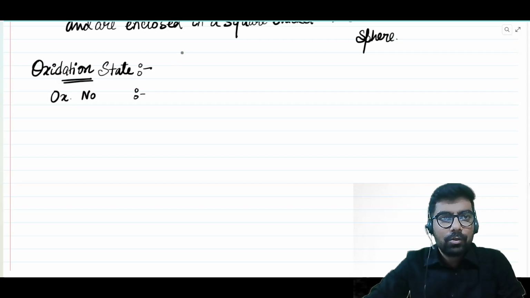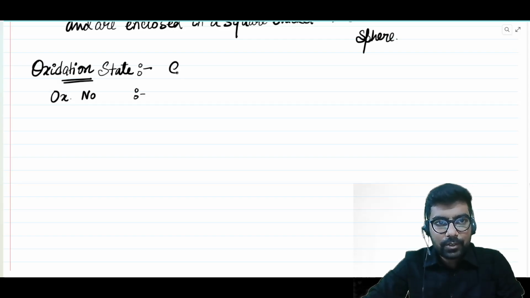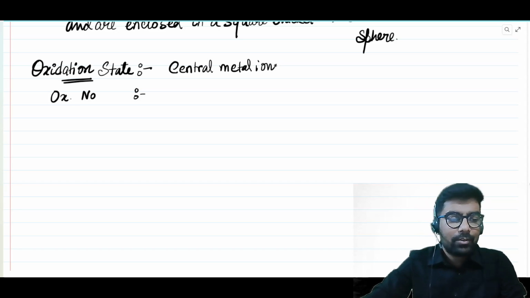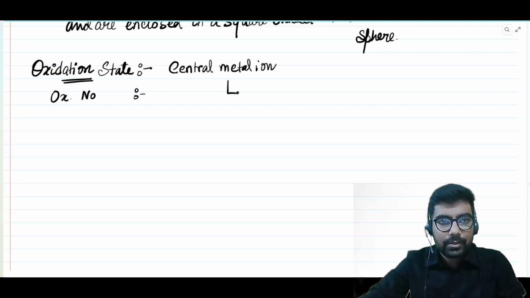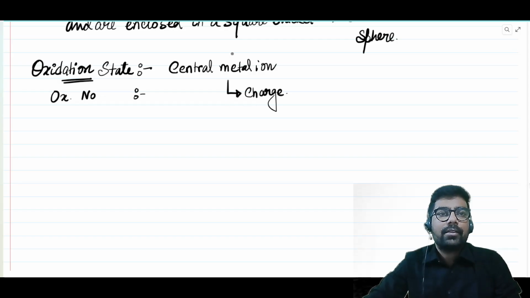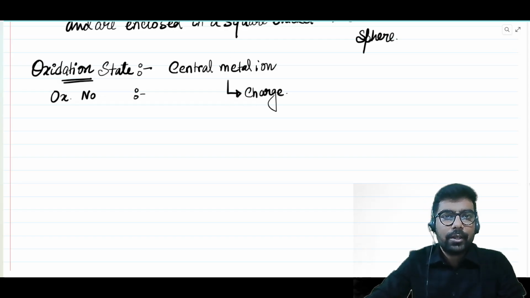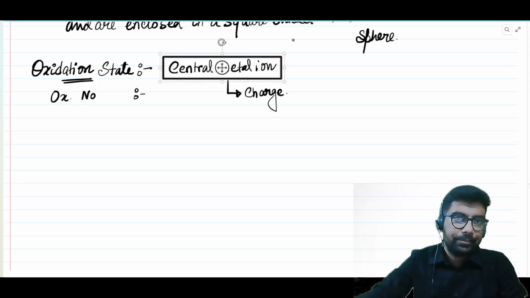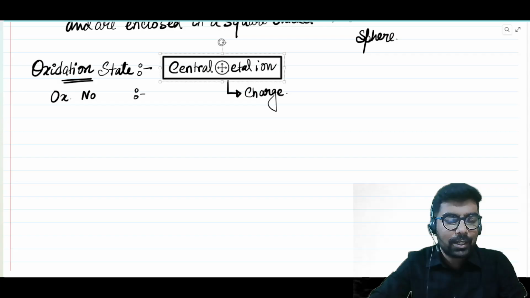So for whom do we find the oxidation state? It is generally calculated for the central metal ion. And how do we calculate it? It is basically the charge that is present on the central metal ion. Whatever charge the central metal ion is carrying is the oxidation state of the metal ion. Now how can we find the charge?